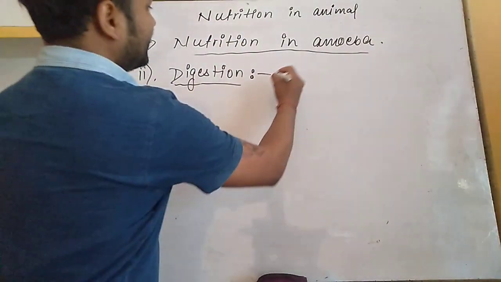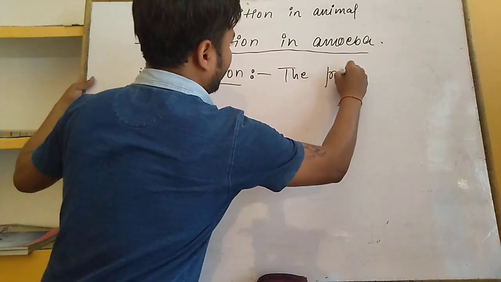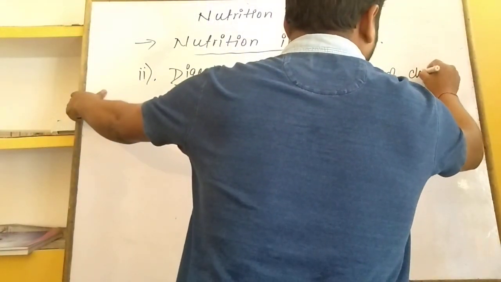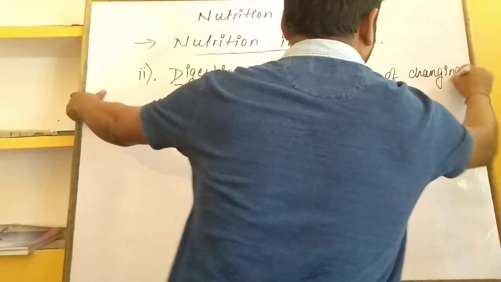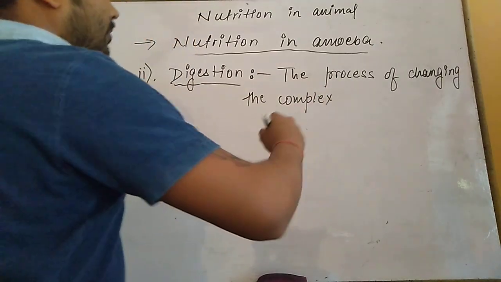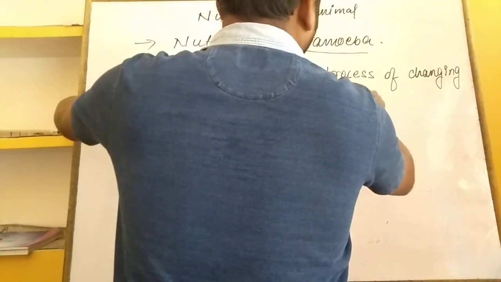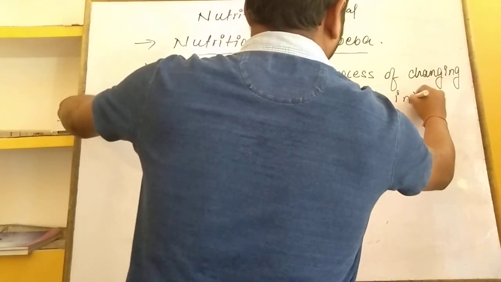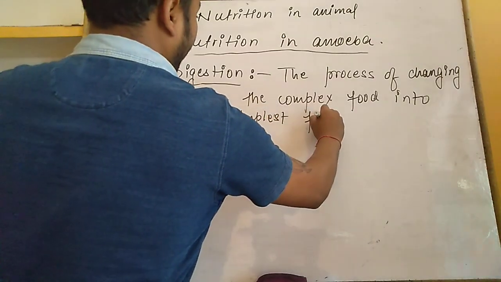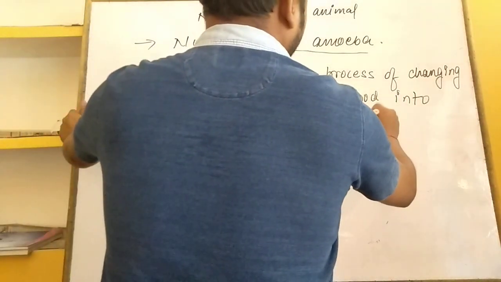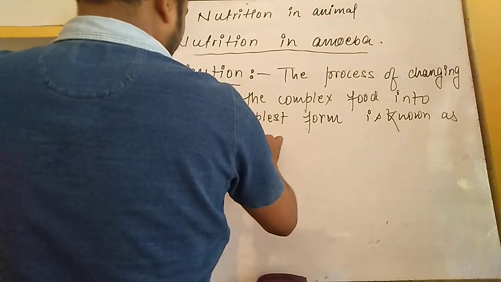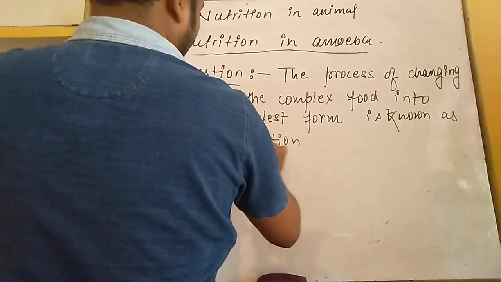Digestion. Digestion is defined as the process of changing the complex food into simplest form is known as digestion.